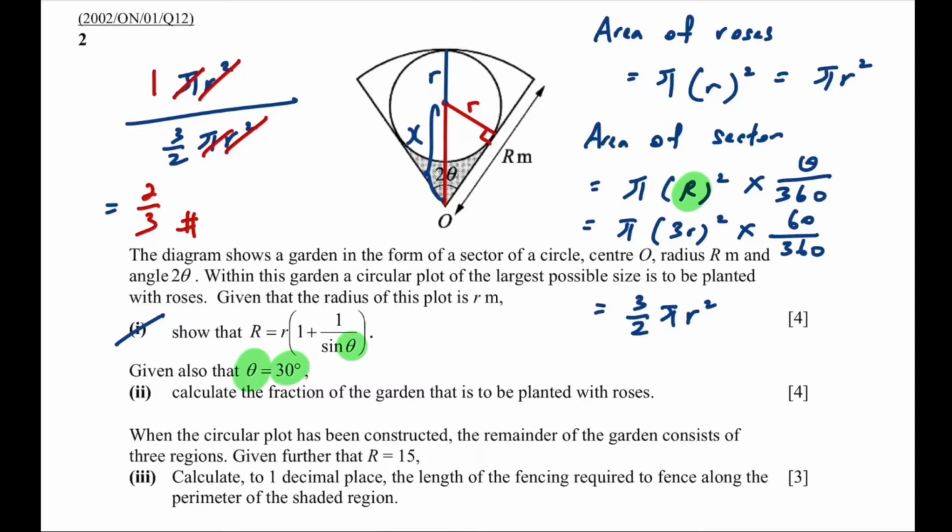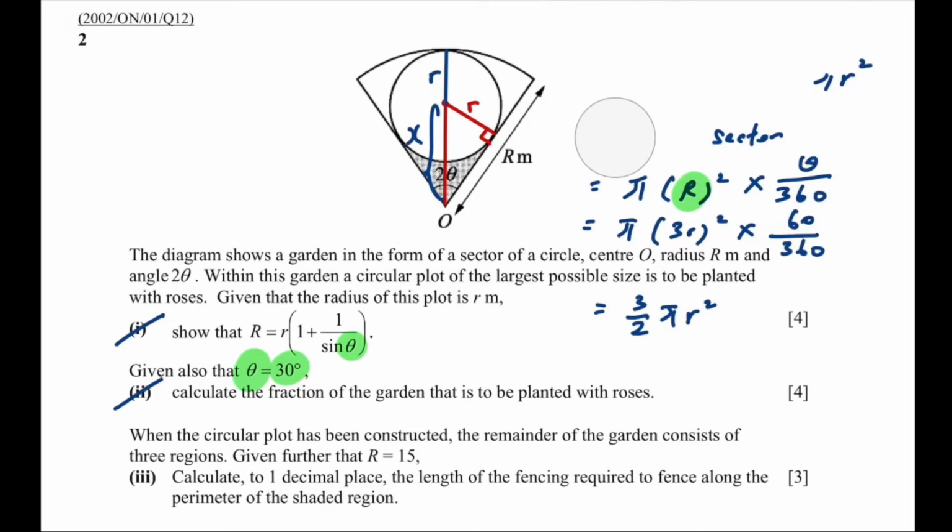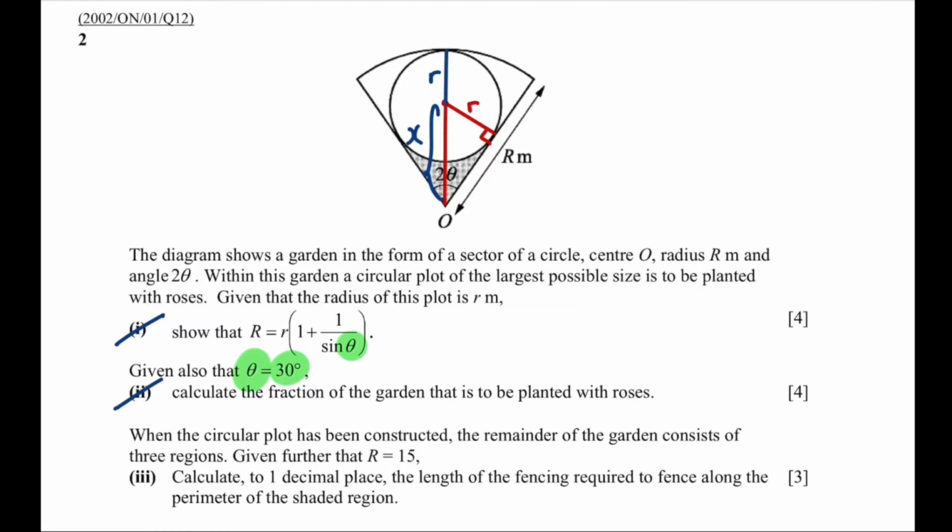So that's part 2. Now we go for part 3. R equals 15, okay. Calculate to 1 decimal place the perimeter of the shaded region.